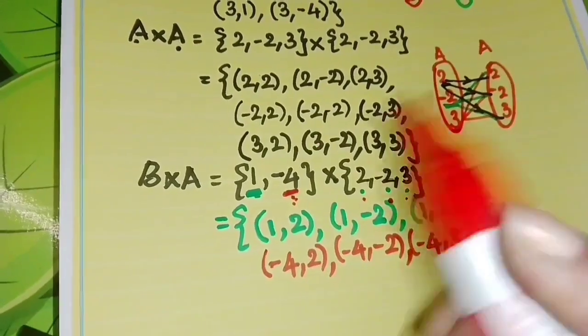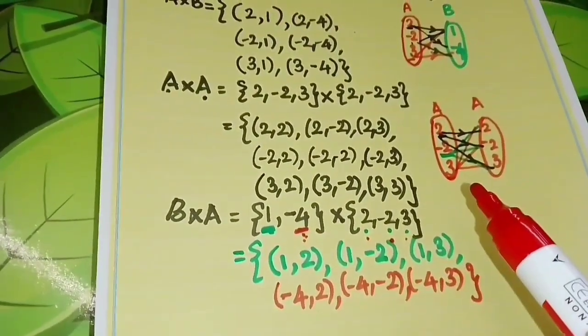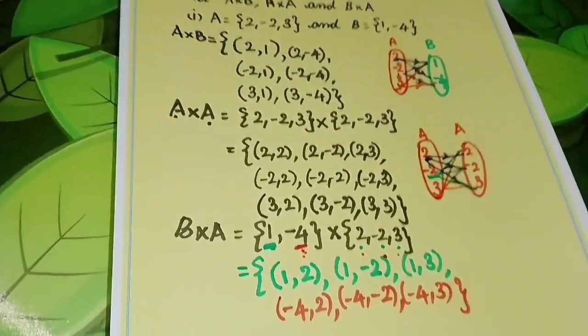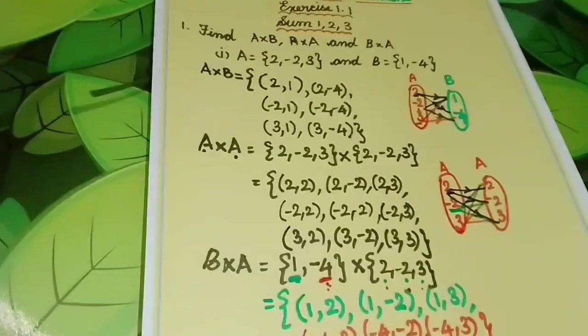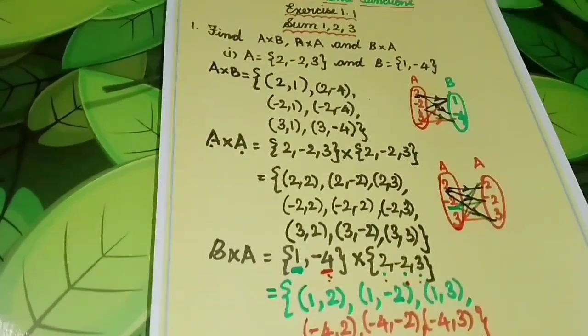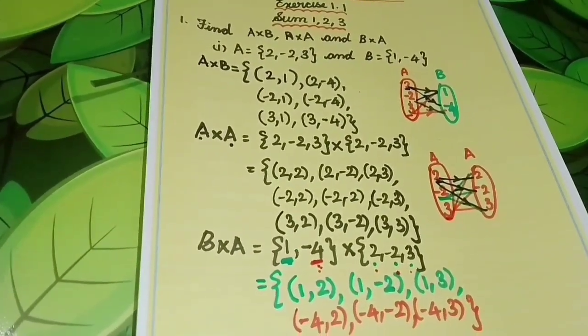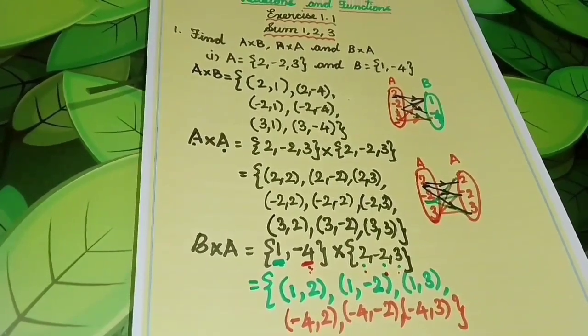So we have got our answer B cross A. Got it? So without using the arrow diagram, also we can just write B cross A directly, which will be very helpful. So this is our first sum and first subdivision, where we have showed the solution for A cross B, A cross A, and B cross A.